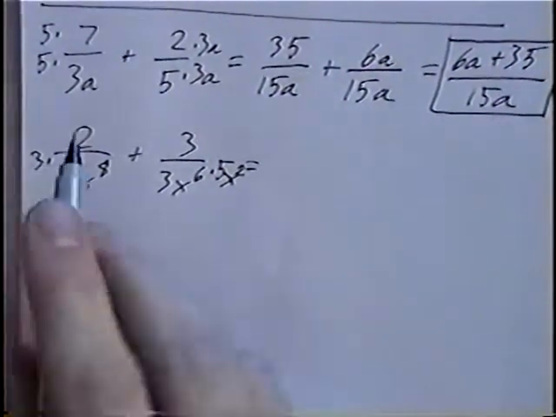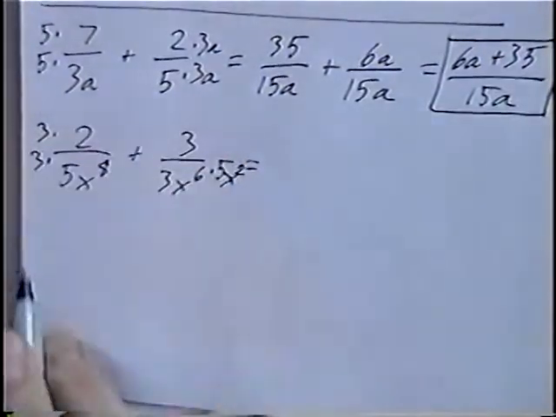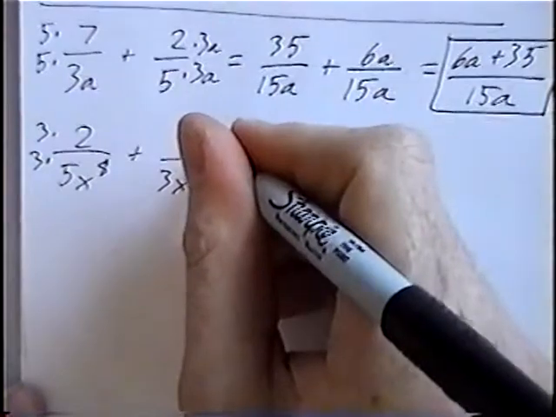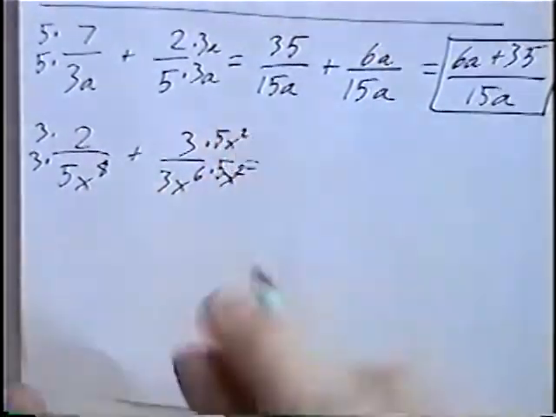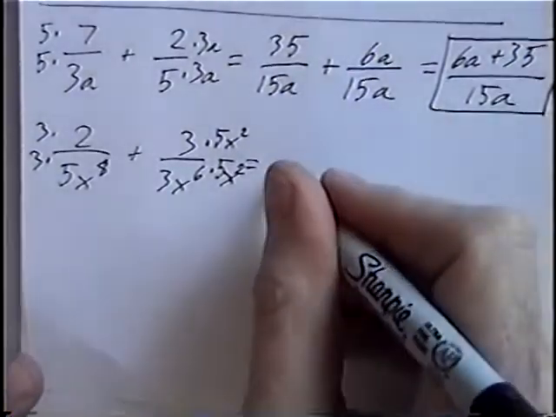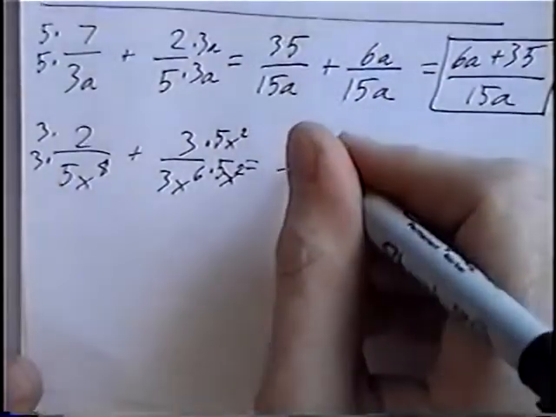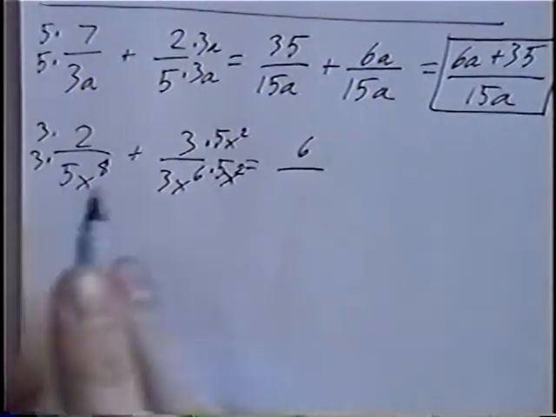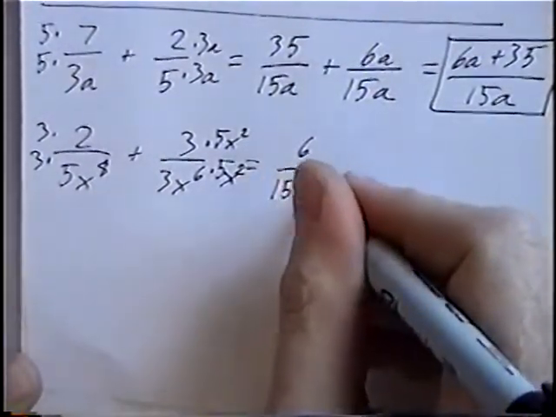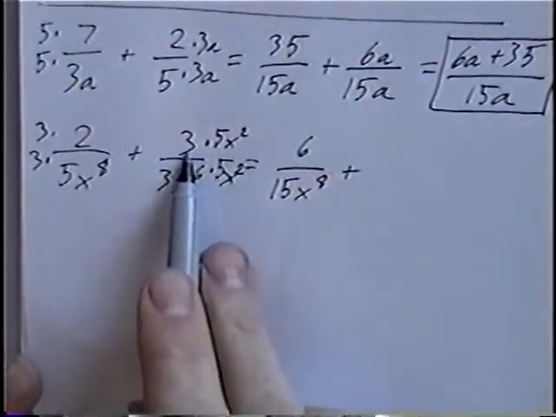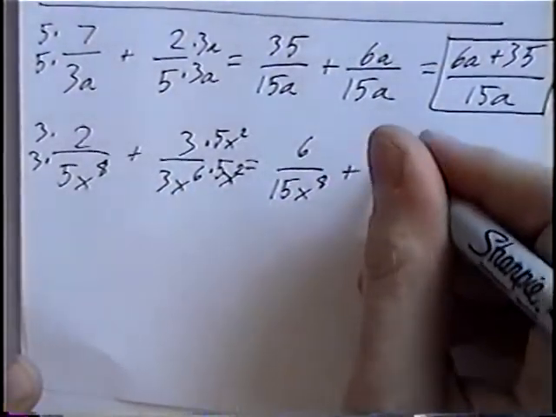And keep in mind, if we're multiplying by 3 for the denominator, 3 gets multiplied in the numerator. 5x squared in the denominator would be 5x squared in the numerator. Rewriting our question, we would have 3 times 2, which would be 6. 3 times 5x to the 8th. 3 times 5 would be 15. X to the 8th would come over. The numerator, 3 times 5 would be 15.